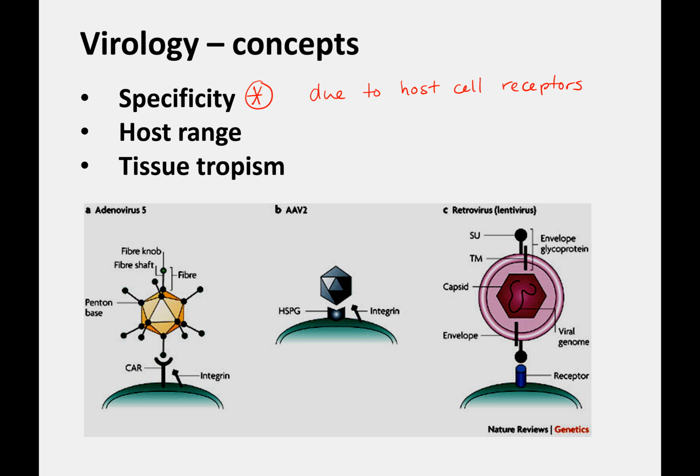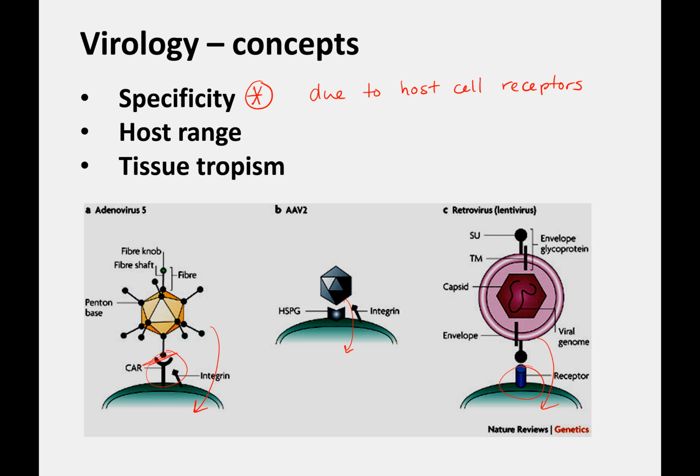In general biology, cell biology, you learned about receptors being important for cell signaling and cell communication. Viruses take advantage of these naturally occurring receptors, and they interact with them on a host cell and kind of trick the cell into letting them in.